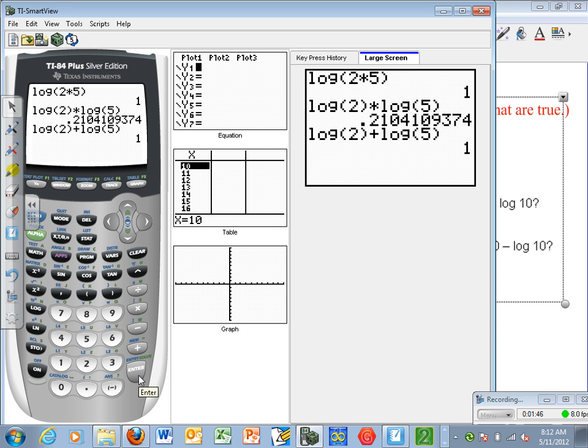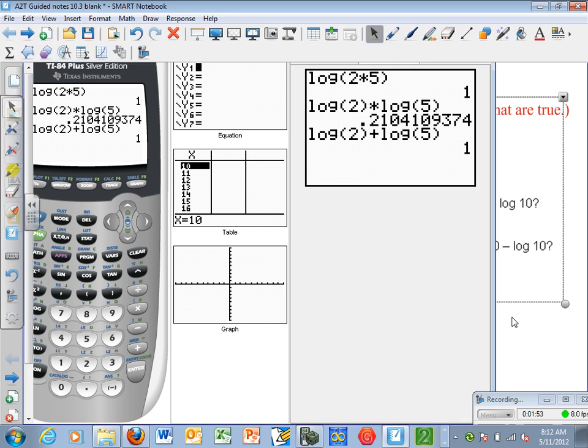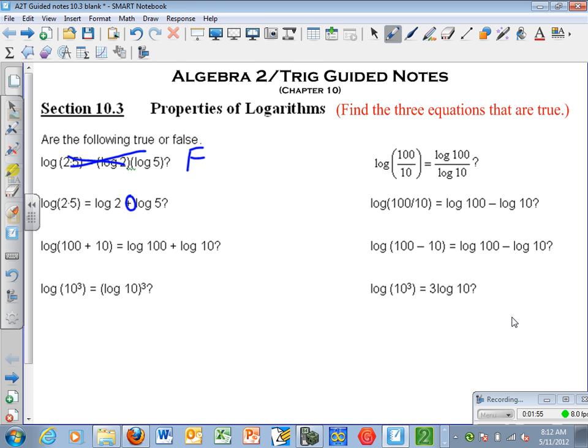And as you can see, we got the same thing there as we did up on top with the log of 2 times 5 in parentheses. So that one is true. What that's saying, and we'll define these here in a second, is this is true when I have the log of a product inside parentheses, I add the log of each individual thing together. And we'll summarize this here at the end.